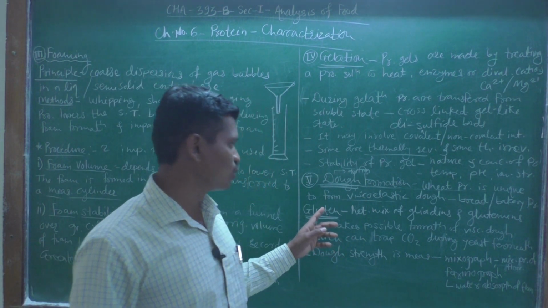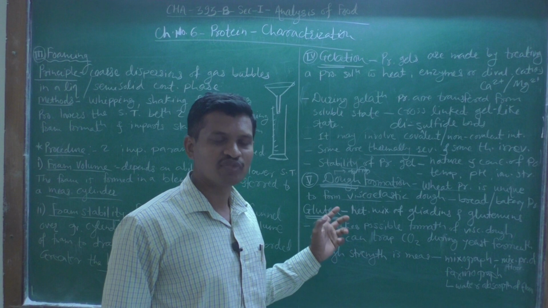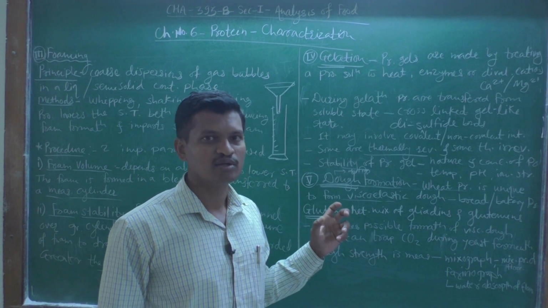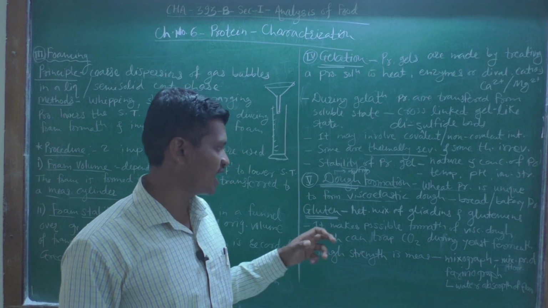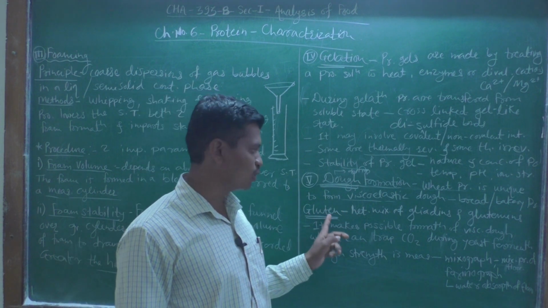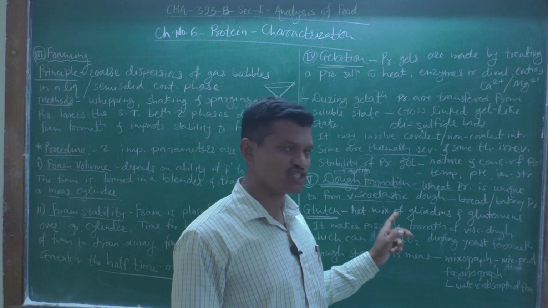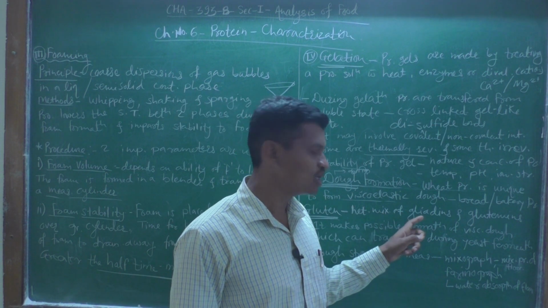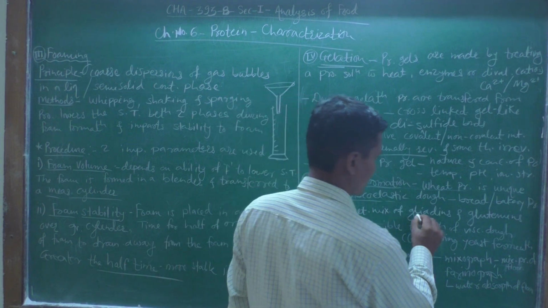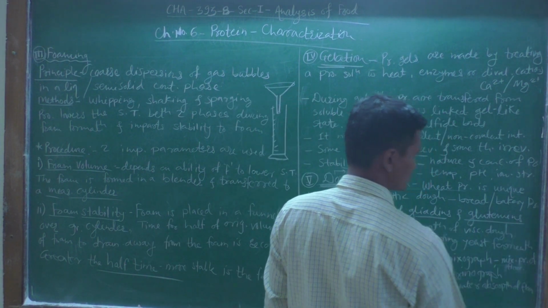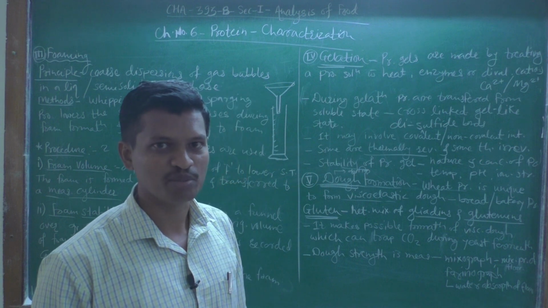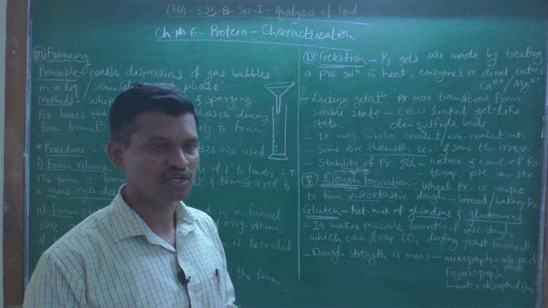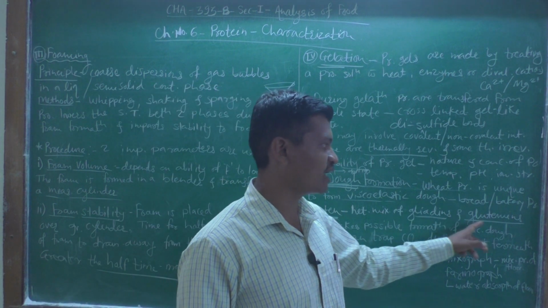Gluten is the responsible, important protein present in wheat flour. And what is this gluten? Gluten is a heterogeneous mixture. It is not homogeneous, it is a heterogeneous mixture of two proteins known as gliadins and glutenins.